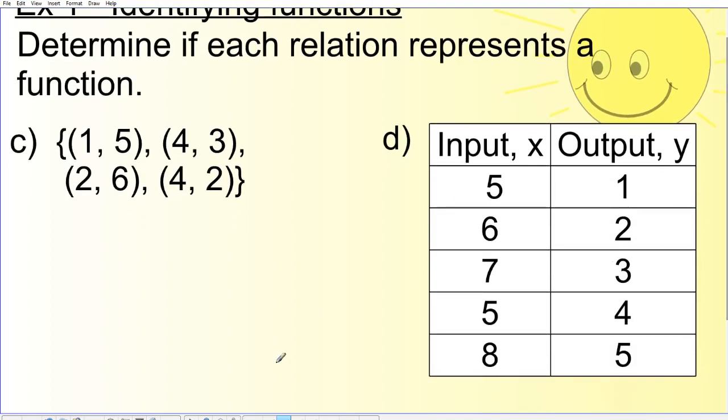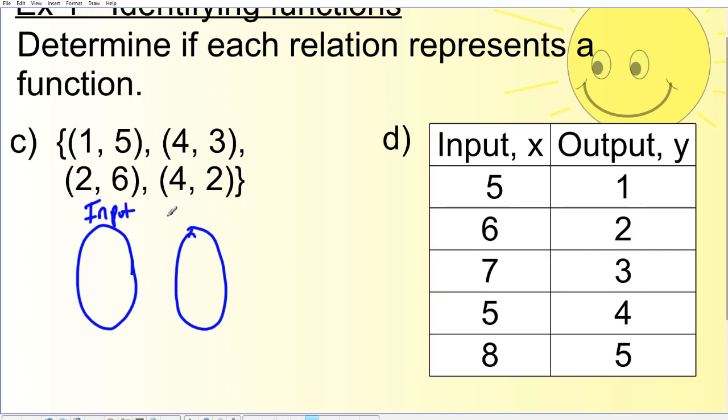Okay, letter C. Now, this, for some folks, is a little confusing to look at. Well, that's why we have these mapping diagrams. Now, remember how I said they don't have to be in order? So I'll put input and output. The x variable is your input, so I'm going to put in the first x variable. The y variable is the output.